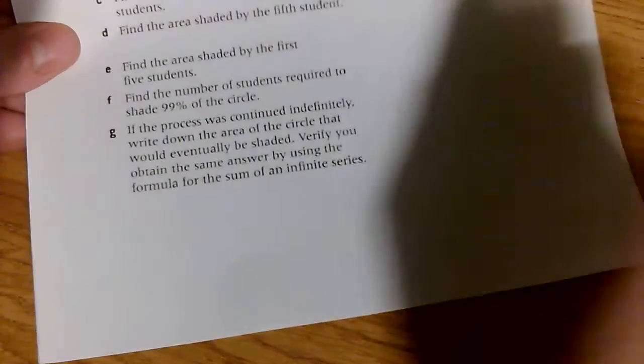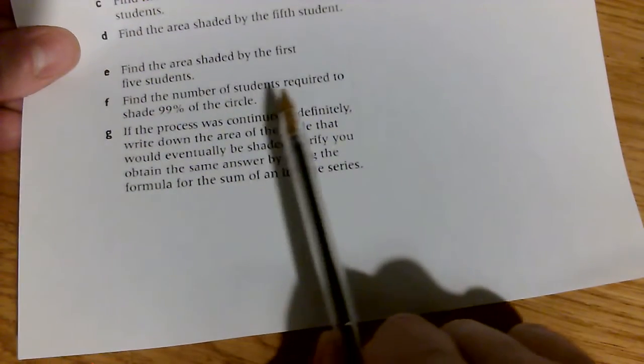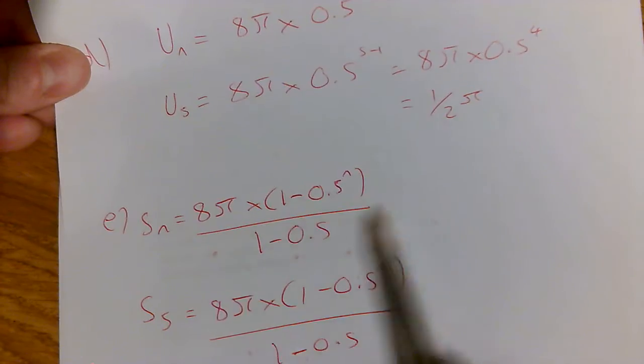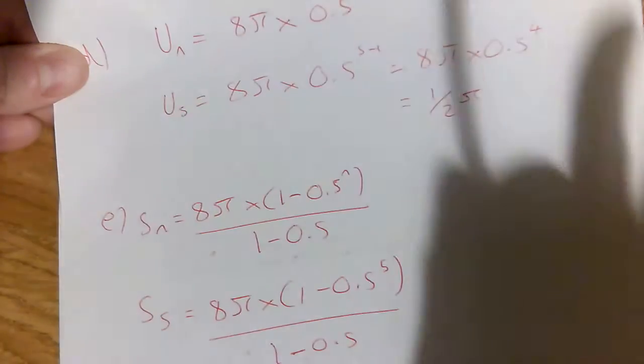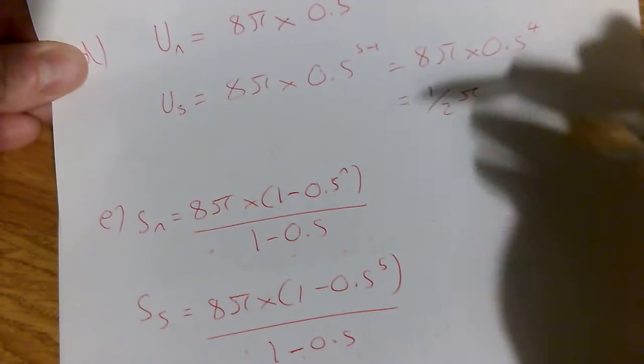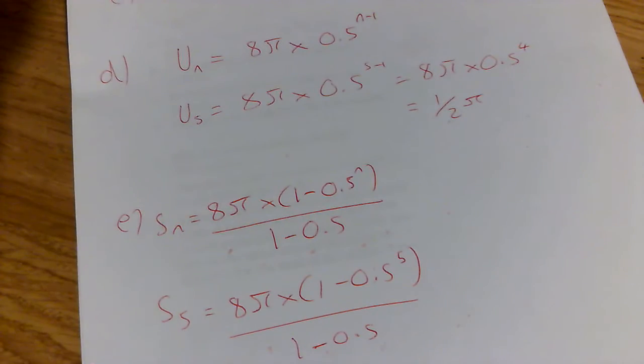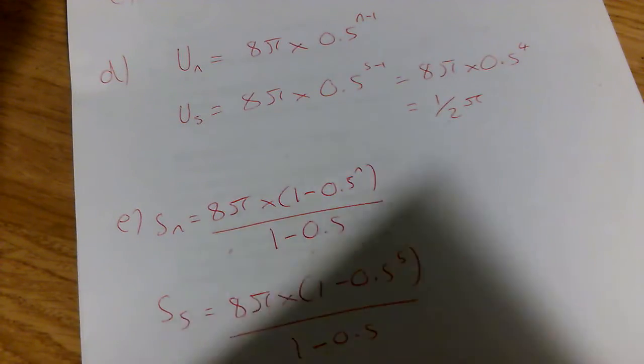Now, the next question, question F, says, find the number of students required to shade 99% of the circle. Well, here's where it actually would pay to use this sum formula, because we're trying to work out when the total amount shaded is equal to 99% of the circle. So we need to work out what 99% of the circle actually would be before we do anything else. The circle as a whole has an area of 16 pi, which we can get from doing pi r squared.